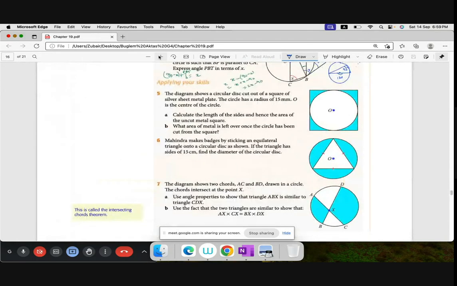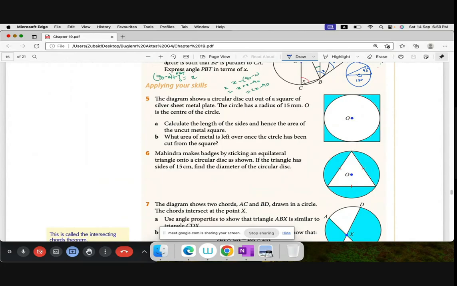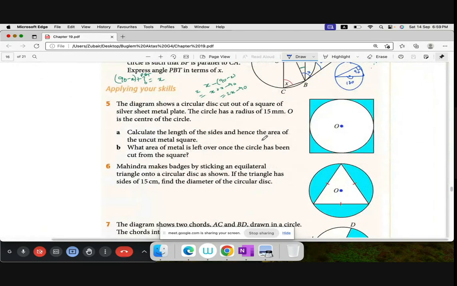Okay. Testing your skills: the diagram shows a circular disc cut out of a square of silver sheet metal plate. The circle has a radius of 15 millimeters. O is the center of the circle. Calculate the length of the side and hence the area of the uncut metal square. The circle has a radius of 15.